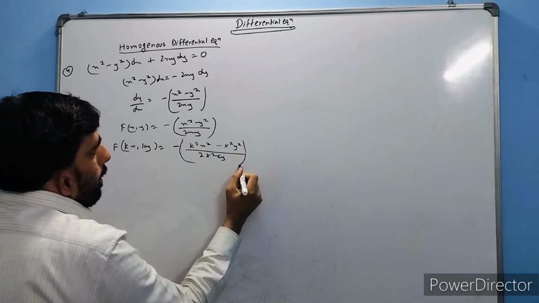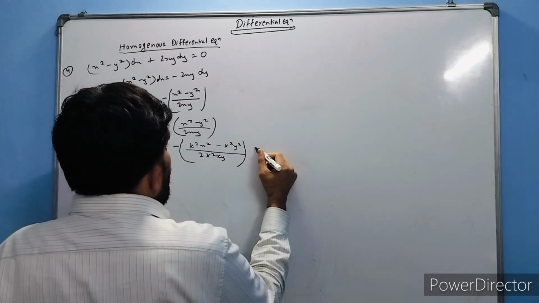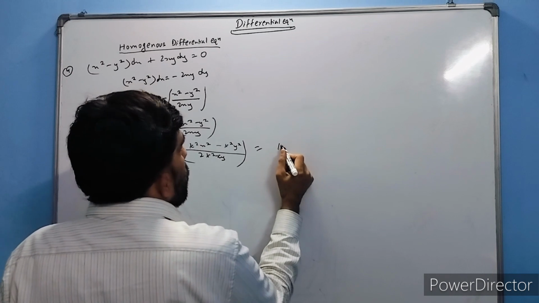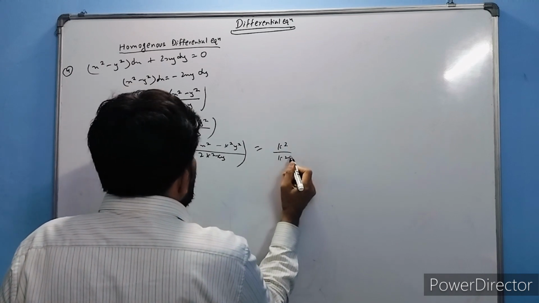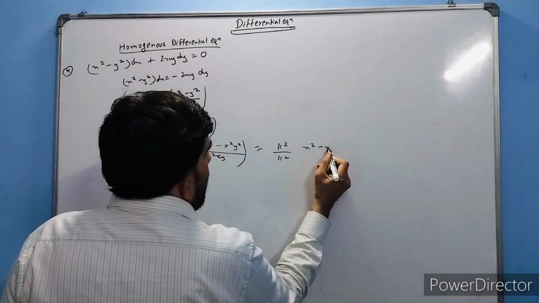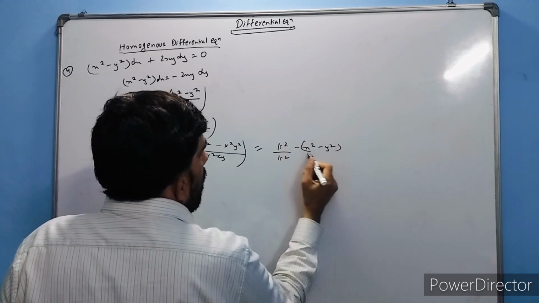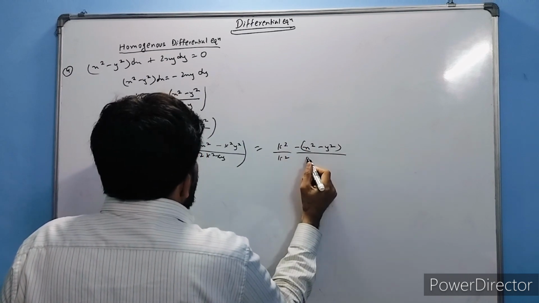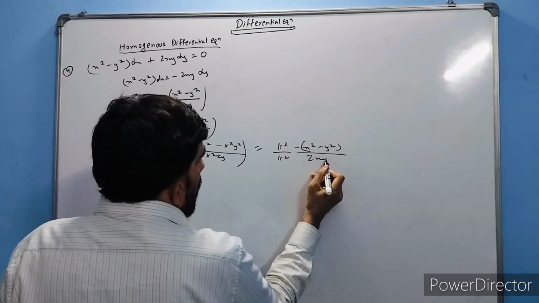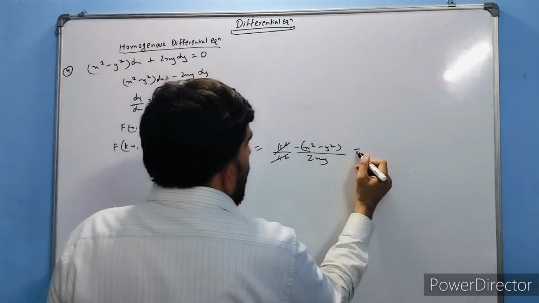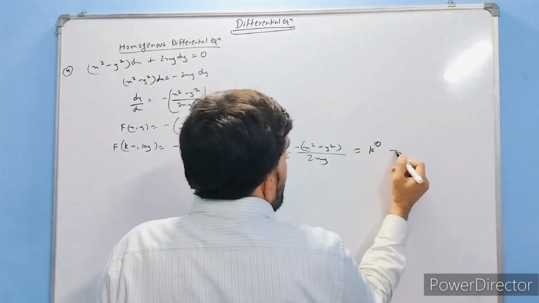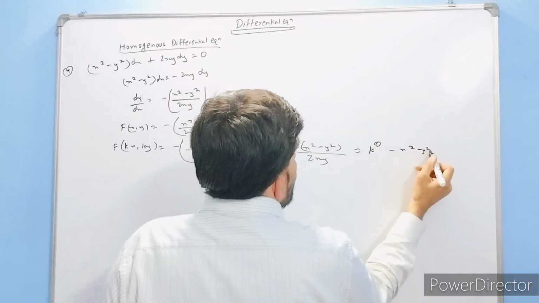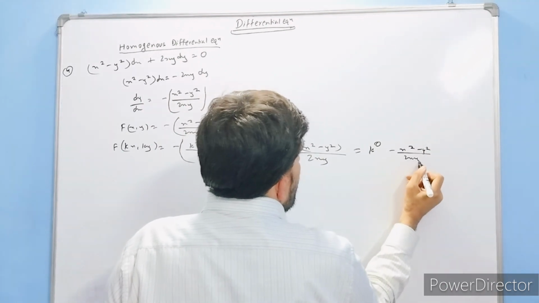Now we take k square upon k square, so we have x square minus y square upon 2xy.